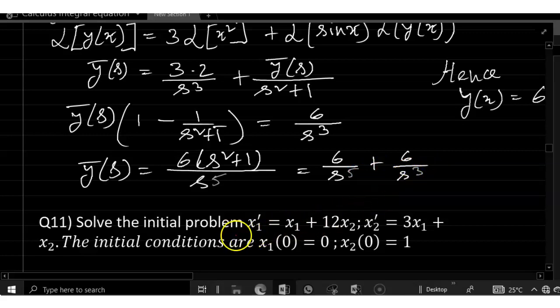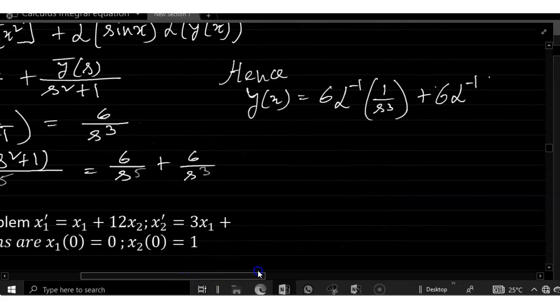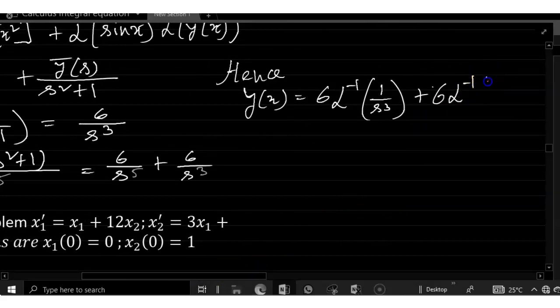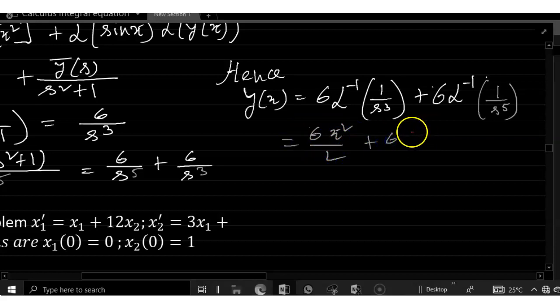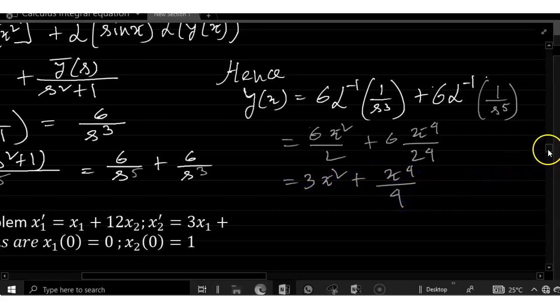So apply the formula: 6 into x square by 2 plus 6 into x to the power 4 divided by 24. So it is 3x square plus x to the power 4 divided by 4.